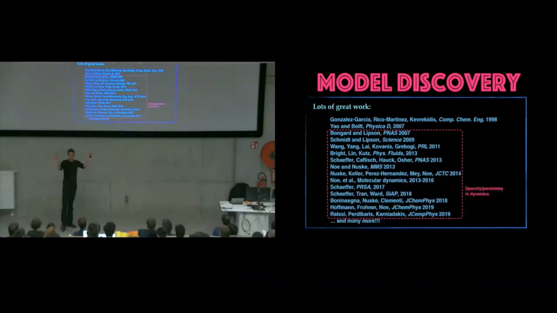What I want are models that are as simple as possible, but no simpler, or as complex as they need to be, but no more complex. Does that make sense? That's a parsimonious model. Oftentimes we achieve parsimony by sparsity, meaning we want as few terms in the model as possible, usually.